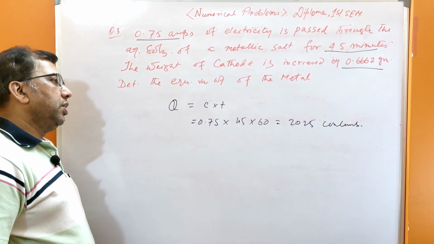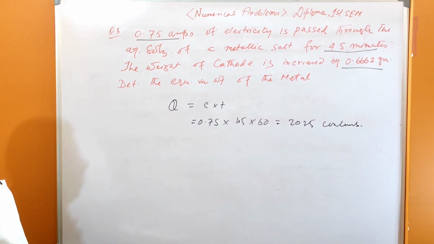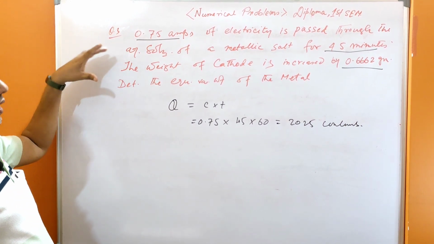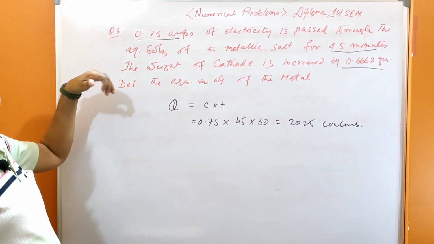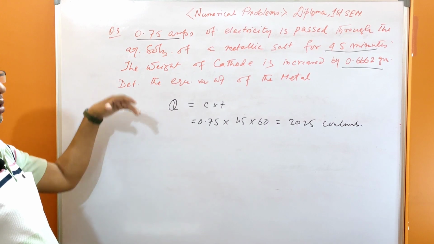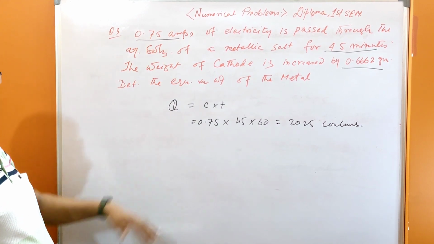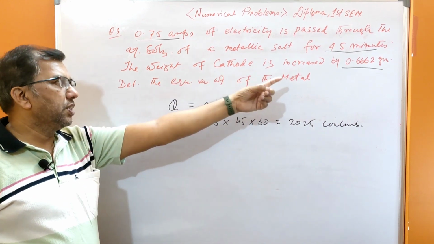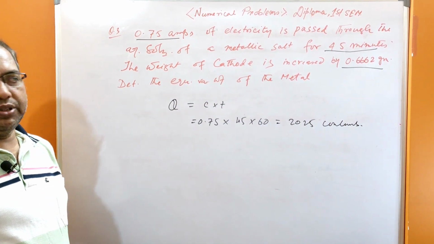Then you have to find the equivalent weight. In previous sums the molecular weight and atomic mass were given, and you found the equivalent weight by the valency. Here only this coulomb and the increase in weight of the cathode, 0.662 gram, are given.